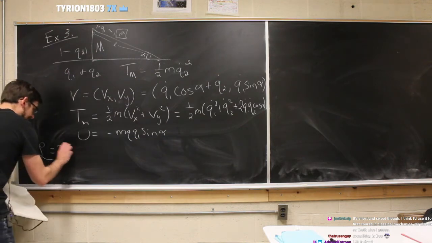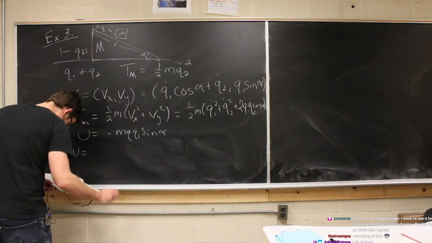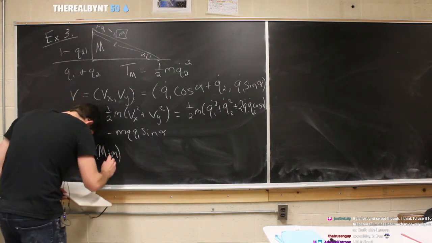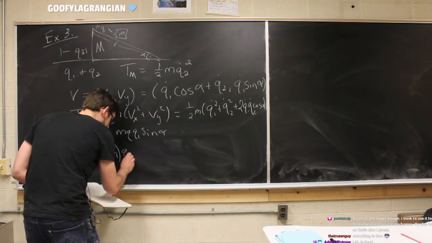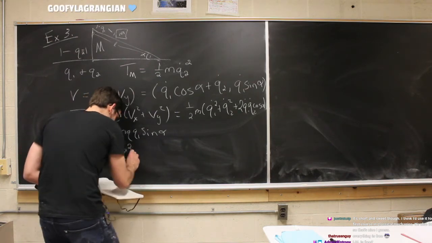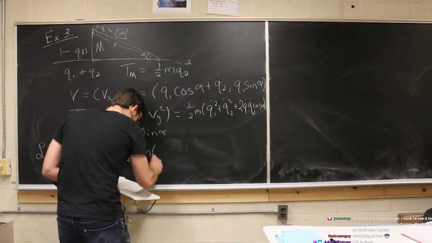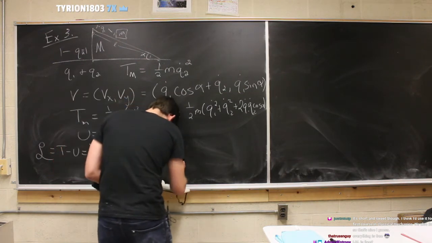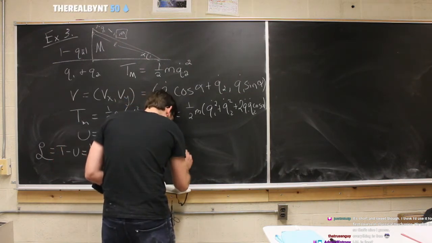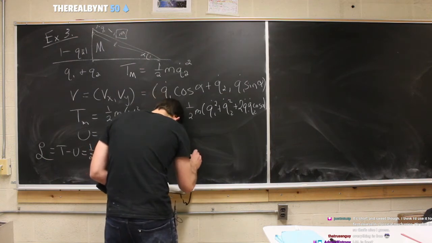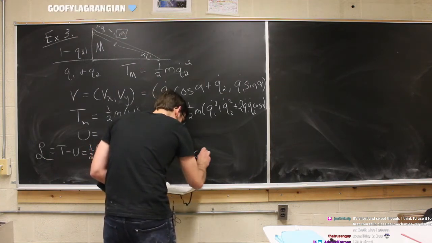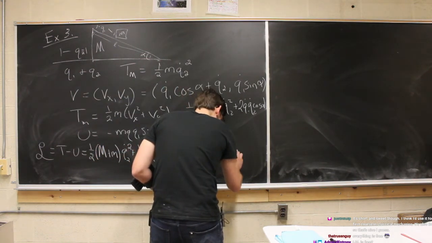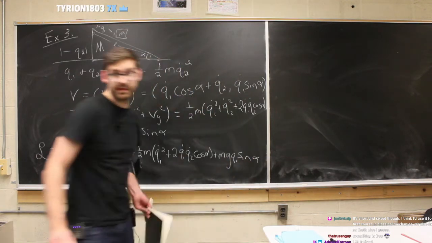It's just going to be T minus U, which is equal to 1/2 big M plus little m times Q2 dot squared plus 1/2 little m times Q1 dot squared plus 2 Q1 dot Q2 dot cosine alpha plus mg Q1 sine of alpha. There we go. So that's the whole Lagrangian.